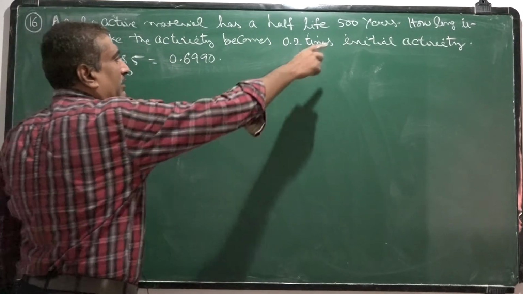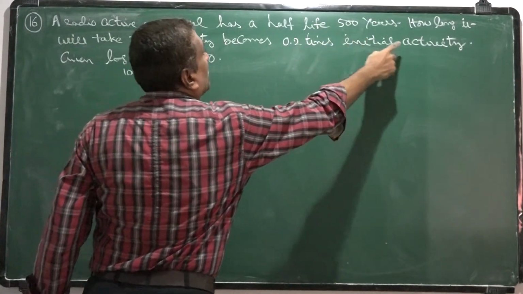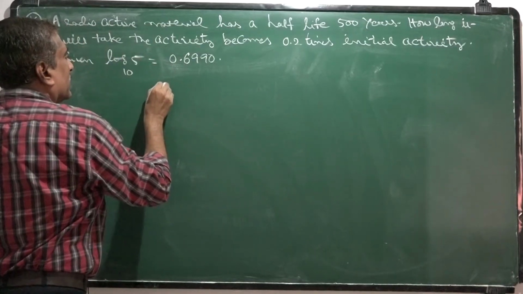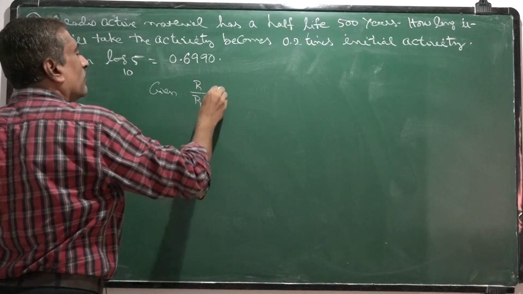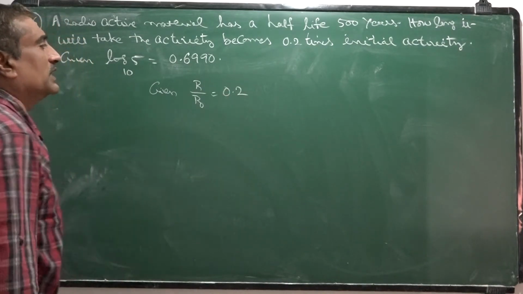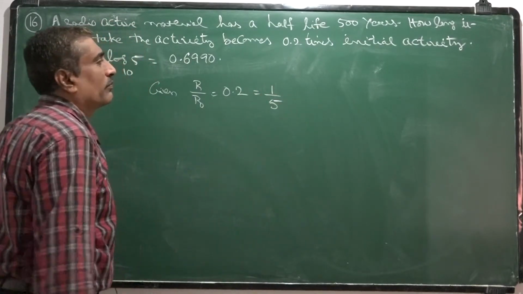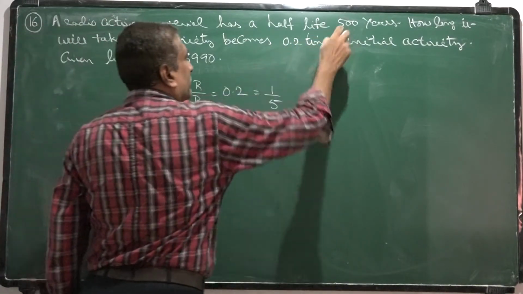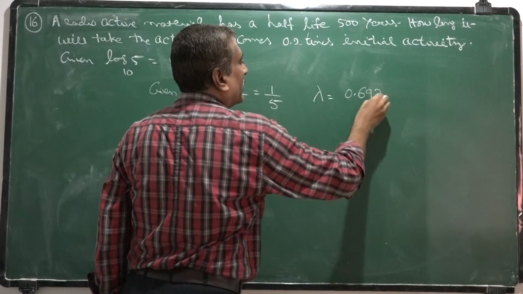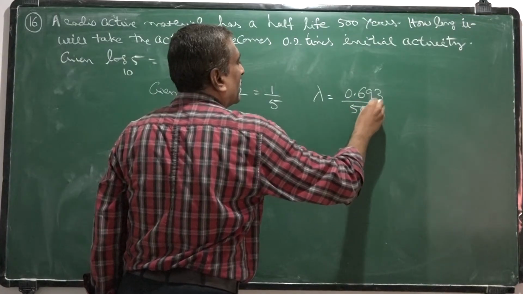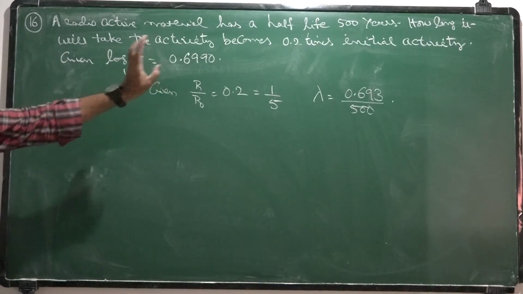The radioactive material has a half-life of 500 years, and the activity becomes 0.2 times its initial activity. That means R by R0 is 0.2, which is 1 by 5. And half-life is 500, so λ = 0.693 by 500. These are the given data.